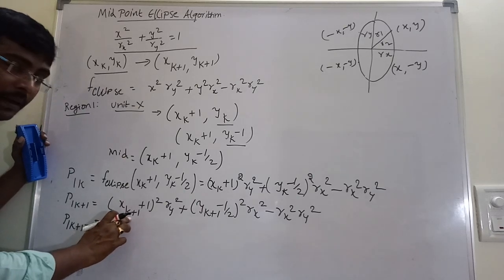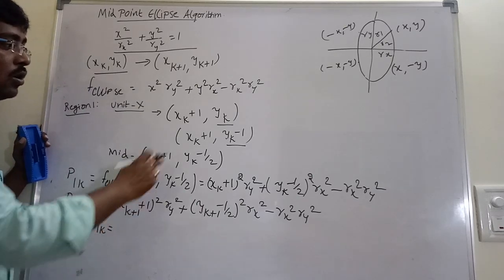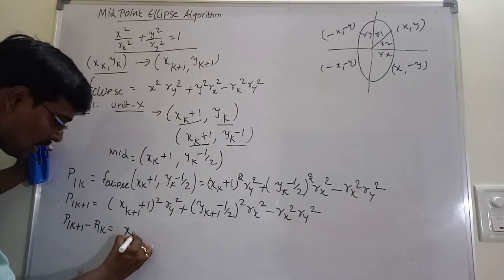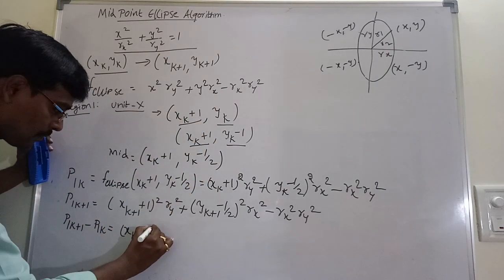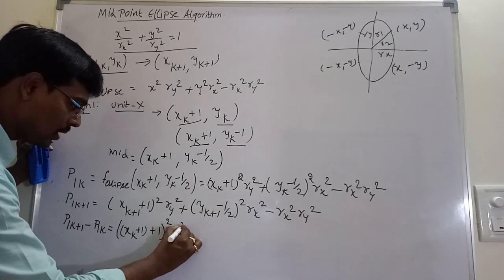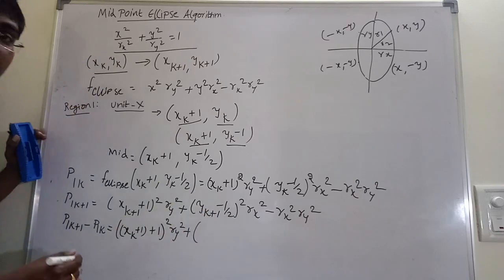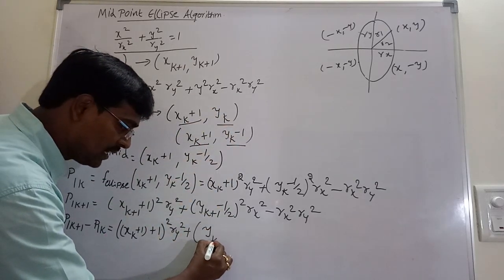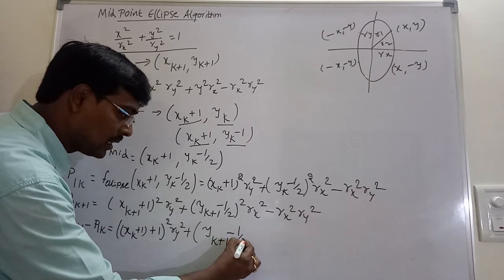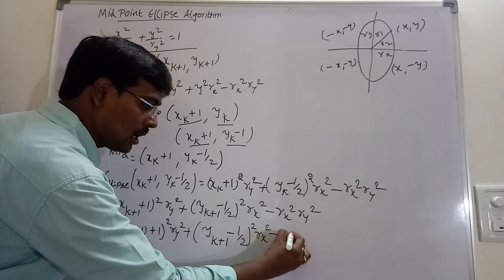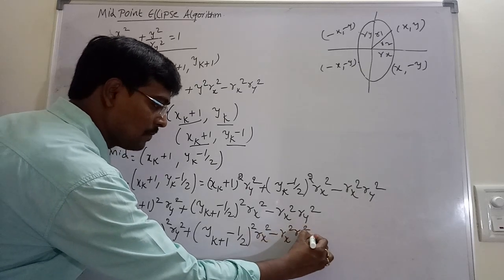The next x coordinate is always fixed, that is xk plus 1 whole square into ry square. The next y coordinate is unknown, so simply write yk plus 1 minus half whole square into rx square minus rx square ry square.